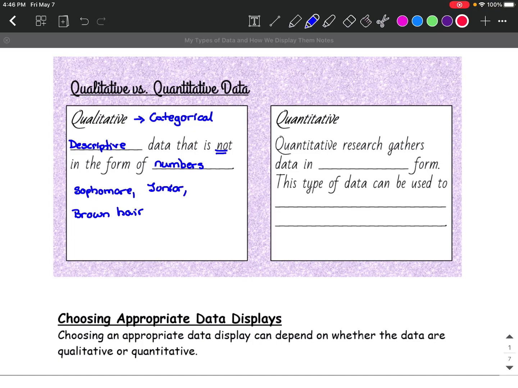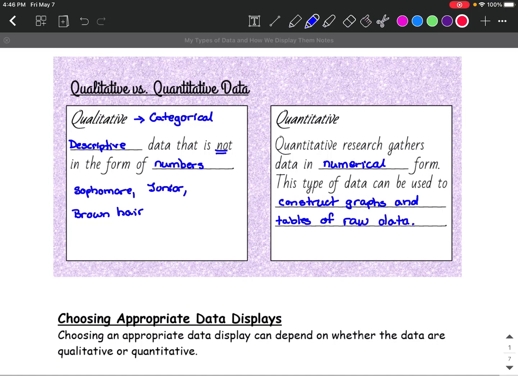Now, quantitative sounds like quantity. Quantitative research gathers data in numerical form. This type of data can be used to construct graphs and tables of raw data.